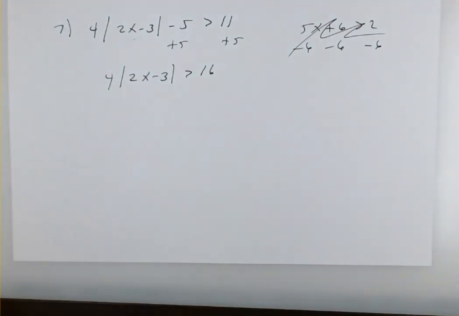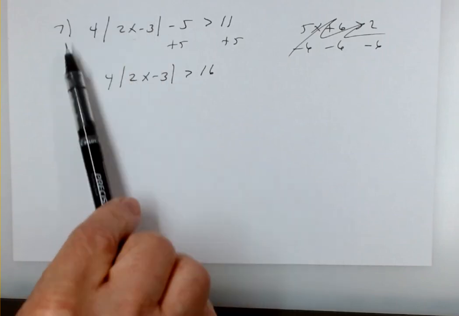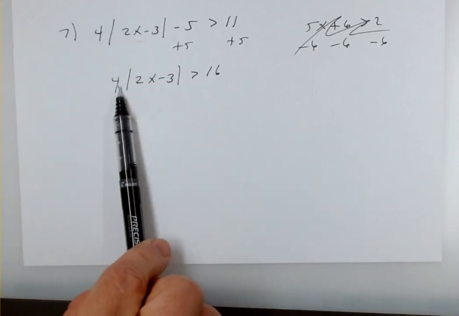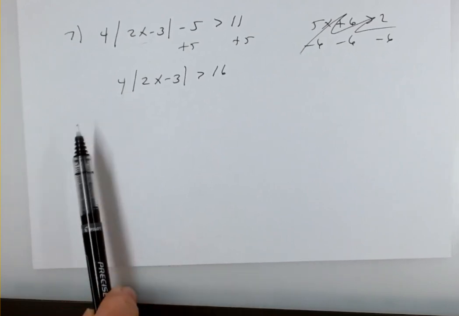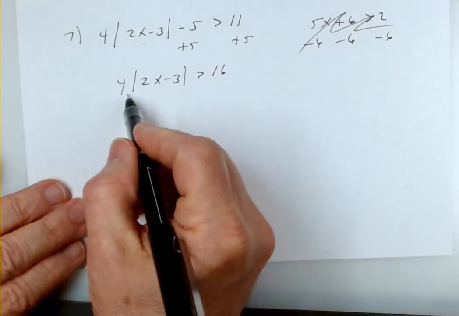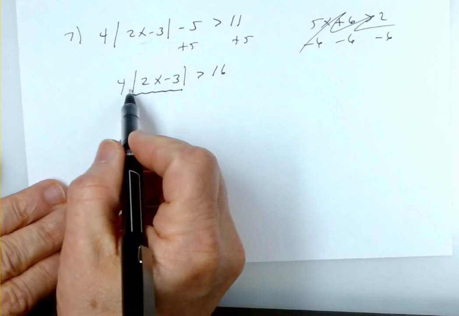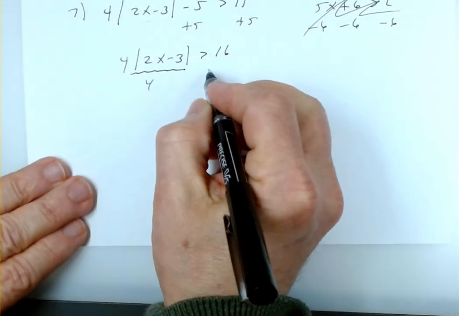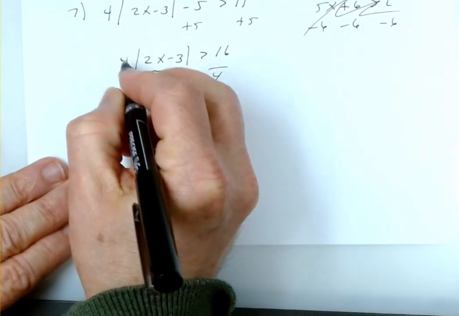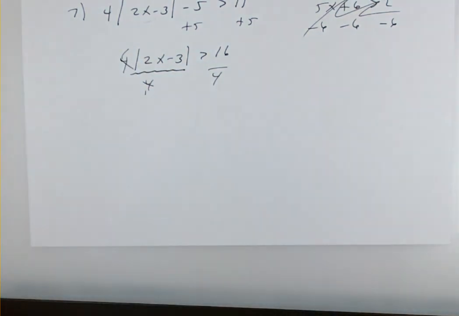Remember, we're trying to get this by itself. Right now I'm multiplying by 4. What's the opposite of multiplying by 4? Dividing by 4. If you distribute, you would still get the same answer, but you have to be careful, especially if that was a negative 4.